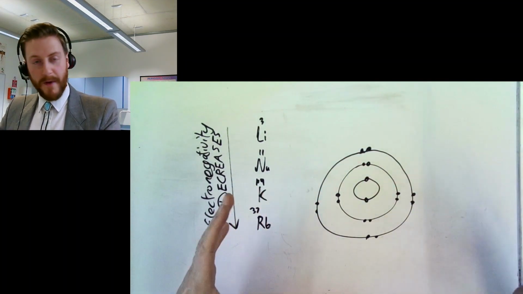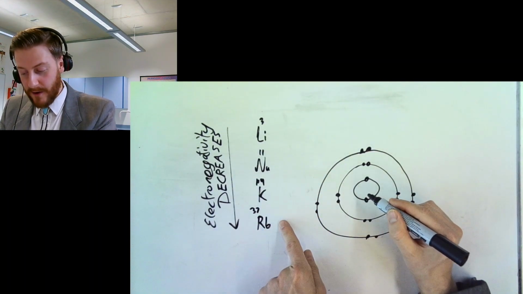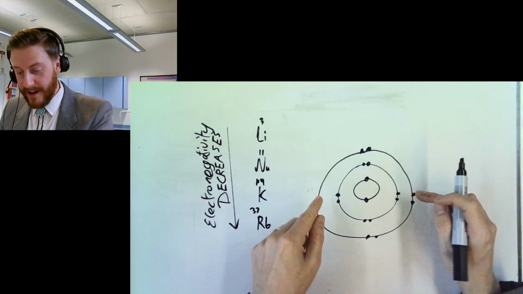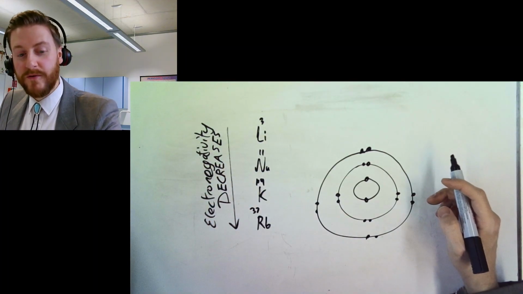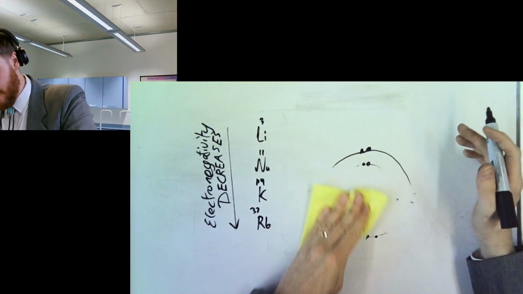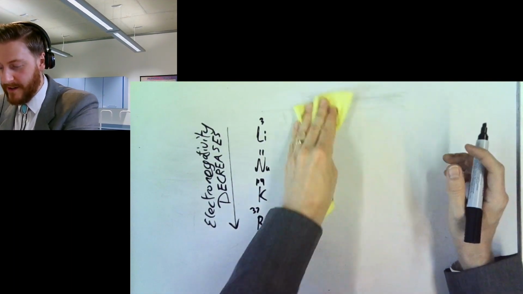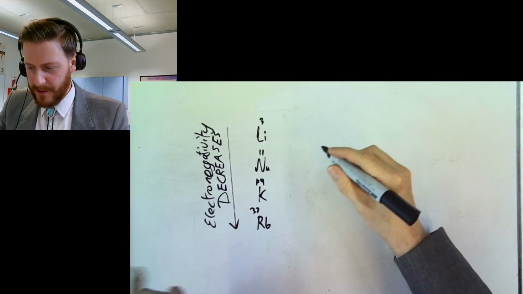It needs to get bigger and bigger and bigger. And even though my nucleus is getting bigger as I go down, I'm adding an extra layer for every new element. So it increases in size much bigger, much faster than it is contracting based on the nucleus getting bigger. Let me show you what I mean.